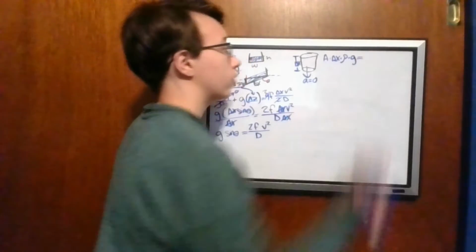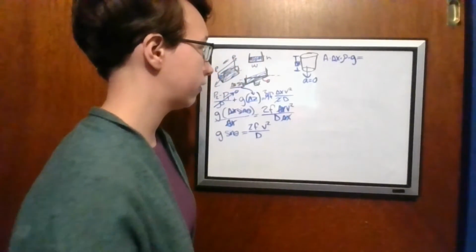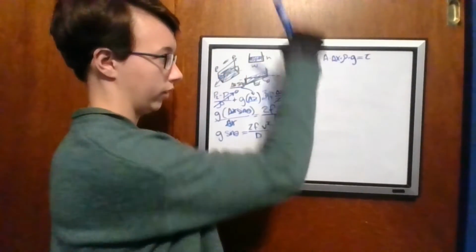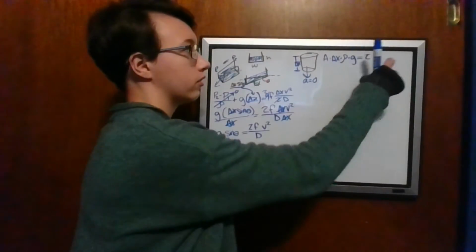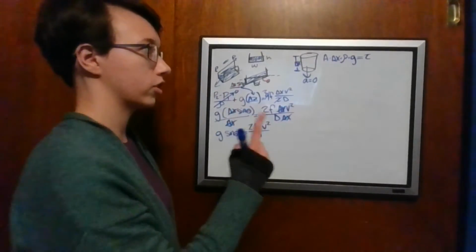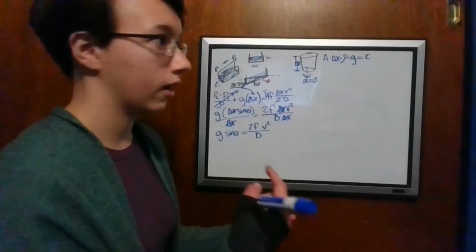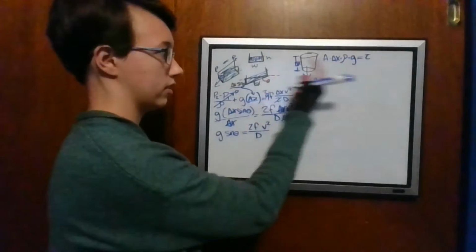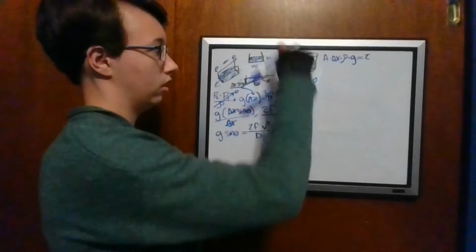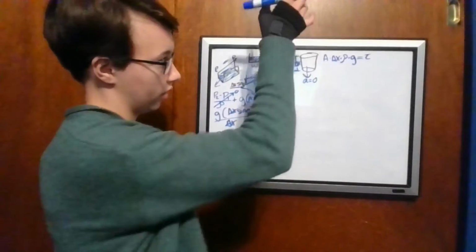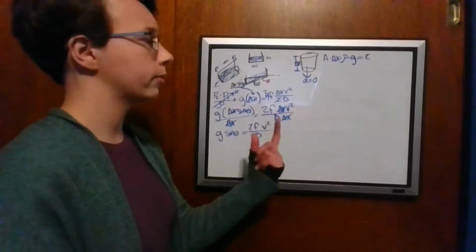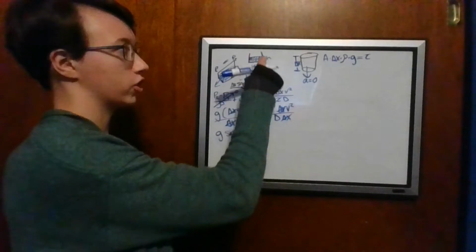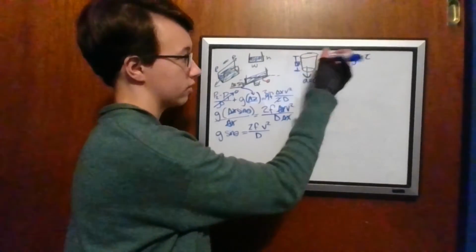And then that is going to be equivalent to the force. So this is the force going in the downwards direction, and this side is going to be the force going in the upwards direction, which is the shear stress times the area over which it acts. So the area which it acts over is the perimeter of this circle times the height, but this perimeter we're going to refer to as the wetted perimeter, because we'll see later this entire channel is not full of water, but here it is.